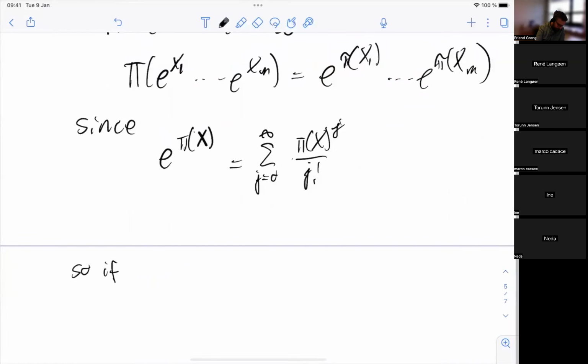So if pi of x sends w into w, then e to the pi of x sends w also into w.